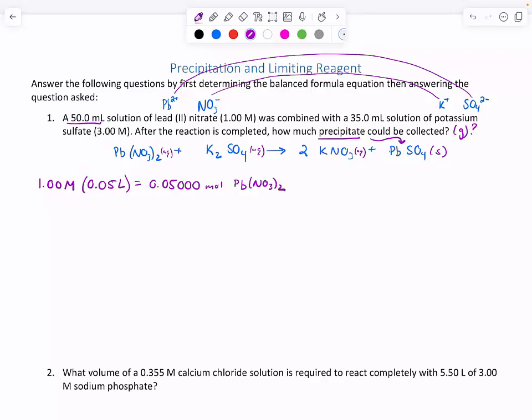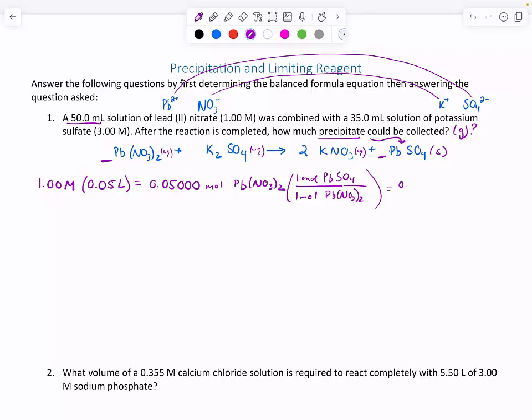Okay, now I need to get that all the way to product. So this is where my molar ratio comes in. I've got 1 mole, because I've got a 1 here in my balanced chemical equation, 1 mole of lead 2 nitrate. That's going to have a molar ratio to 1 mole of lead 2 sulfate.